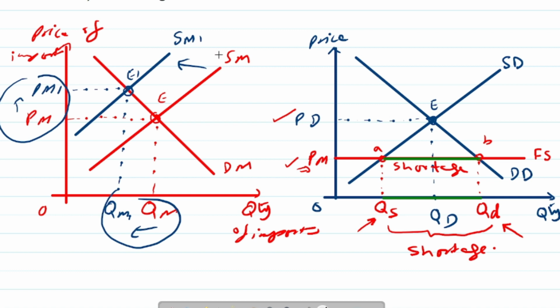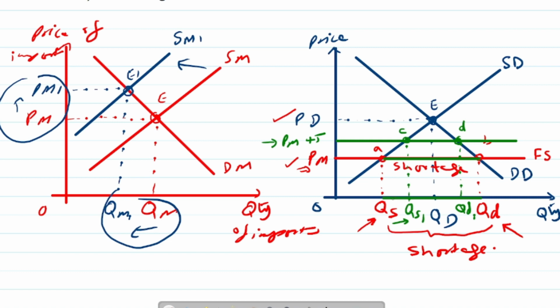So when government imposes indirect tax, that is tariff, then the price of imported goods will increase, and the new price will be PM plus T. And when the price of imported goods increases from PM to PM plus T after tax, then you can see the shortage has decreased, from point C to D, and now the quantity demanded is, let's say, QD1, which is lesser than earlier, and quantity supplied is QS1, that is more than the previous quantity supplied by the domestic producers.